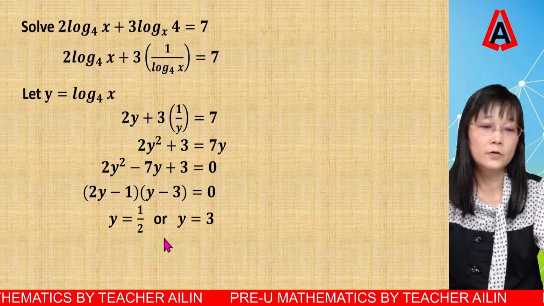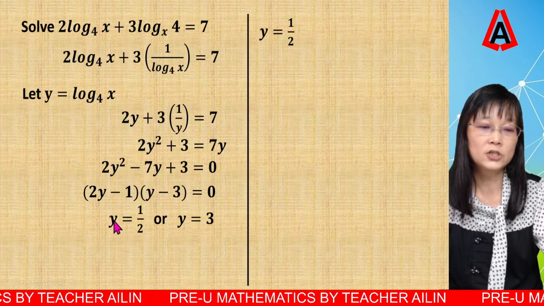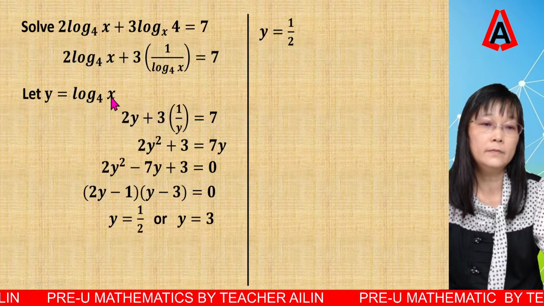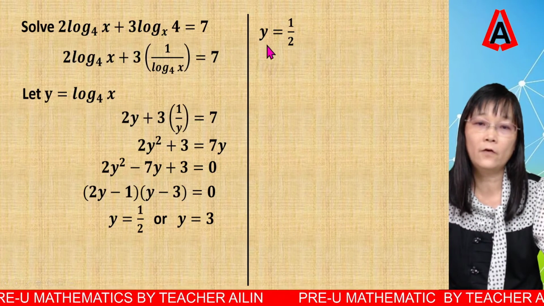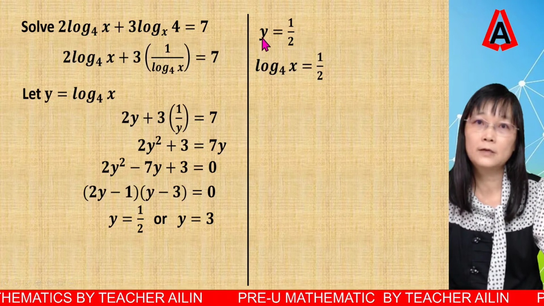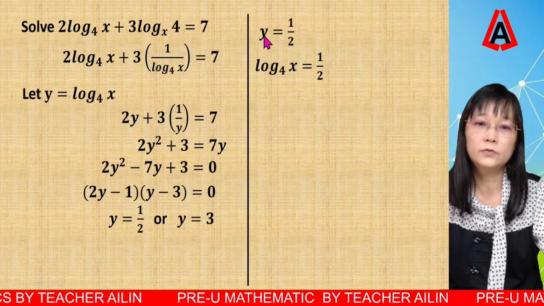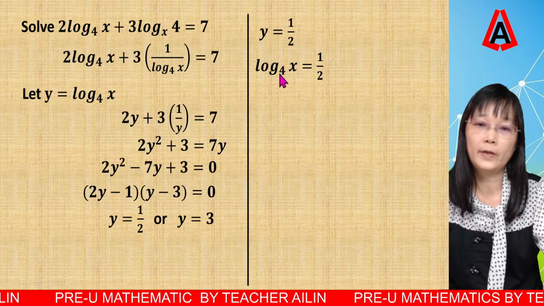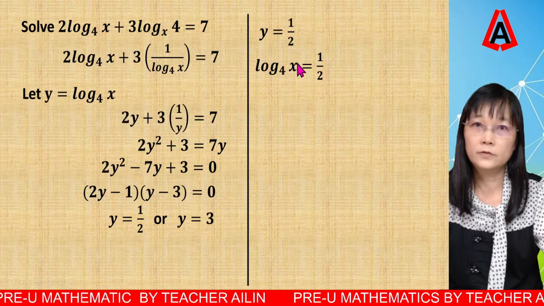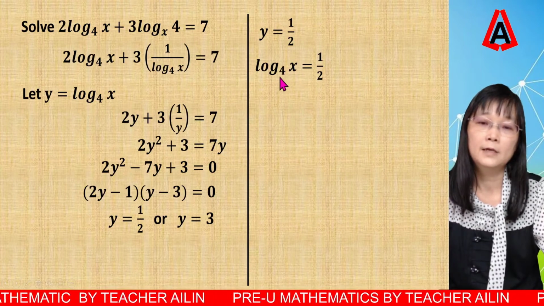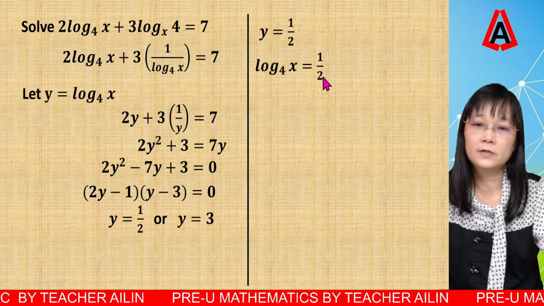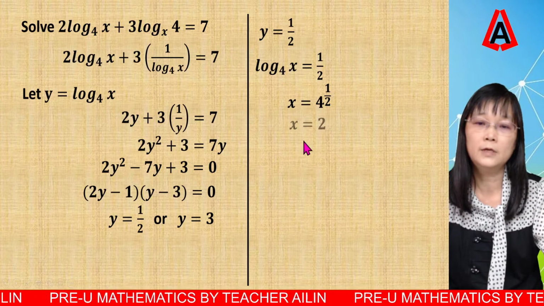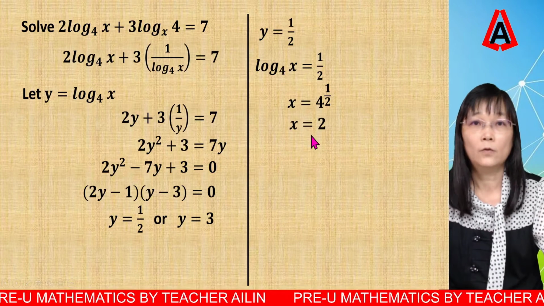So now I'm going to replace each value of y into logarithm of x with base 4. For the first answer, y equals 1/2. When y is replaced back with logarithm x with base 4, to find the value of x, this base when shifted to the right hand side becomes 4 power 1/2, then x is 2.